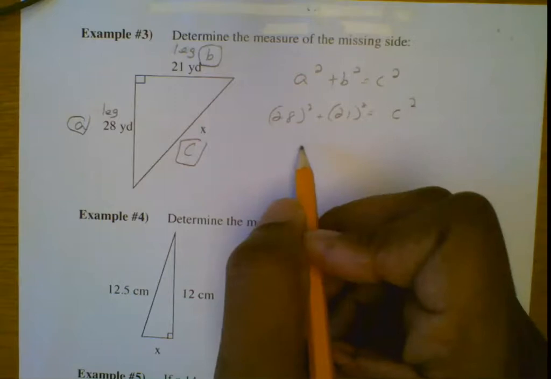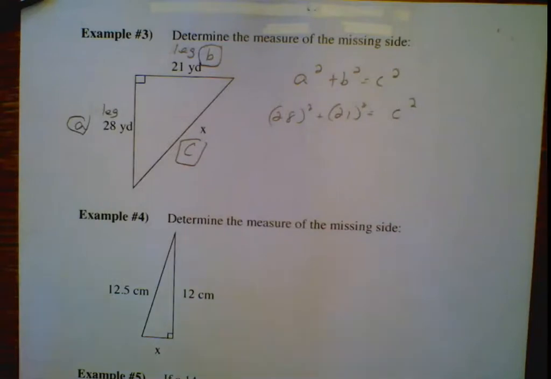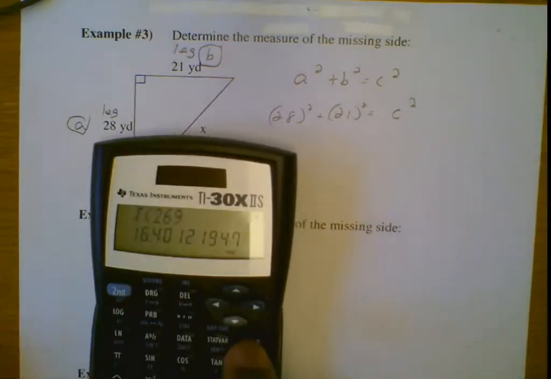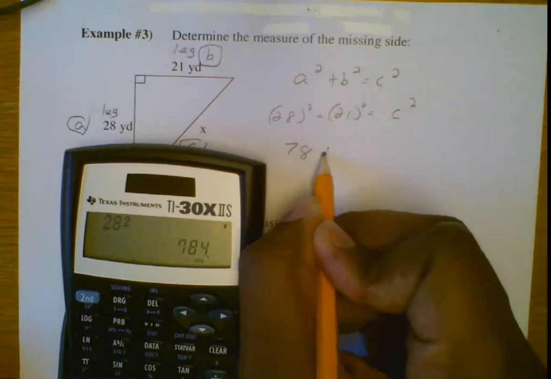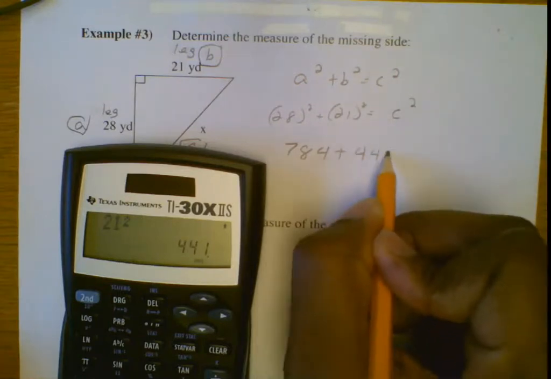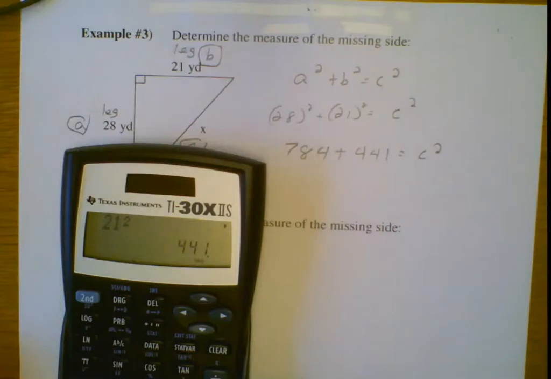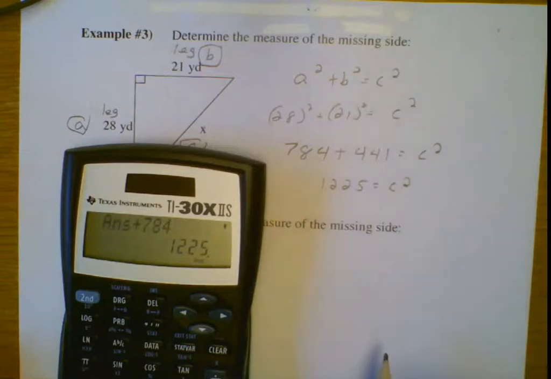And then you just evaluate 28 to the second plus 21 to the second. 28 to the second is 784. 21 to the second is 441. Equals C to the second. When you add these, 441 plus 784 is 1225. Equals C to the second.